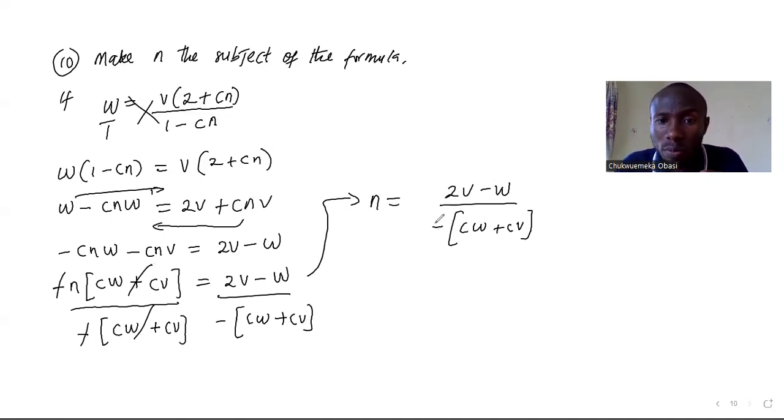We're going to look for a way to remove this negative sign from here. I want to simplify 2V minus W. I can write it as minus W plus 2V, right? So I can now factor out this negative from here. So I have W minus 2V, as if to say minus times this guy will give me this guy.